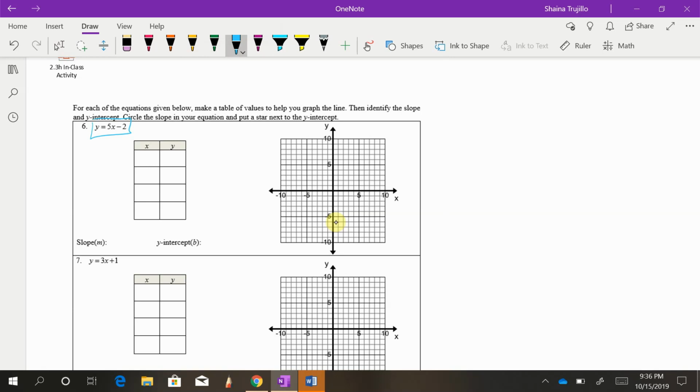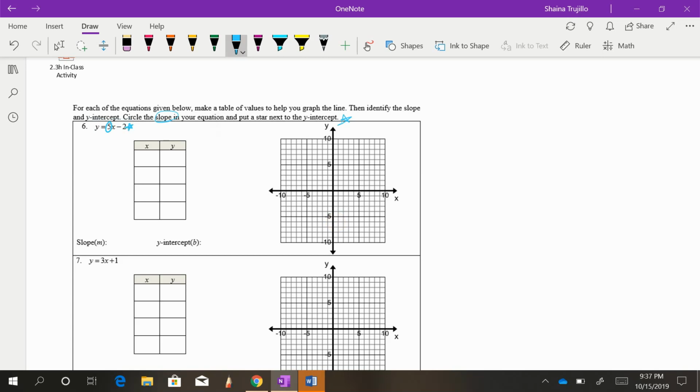It wants us to make a table and then graph those points on our coordinate plane. Then it wants us to identify our slope and our y-intercept. It says circle the slope in your equation and put a star next to the y-intercept. So let's circle our slope, and our y-intercept is -2.